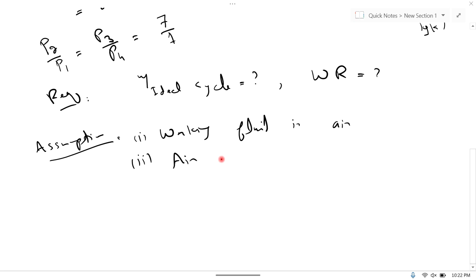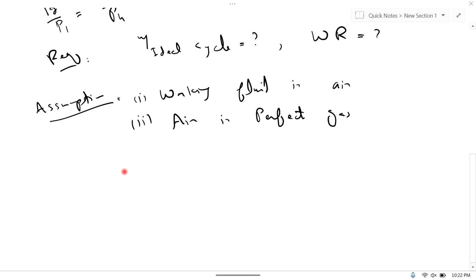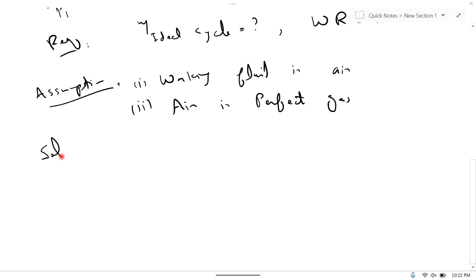So we will use the perfect gas equation. Now we start the solution.